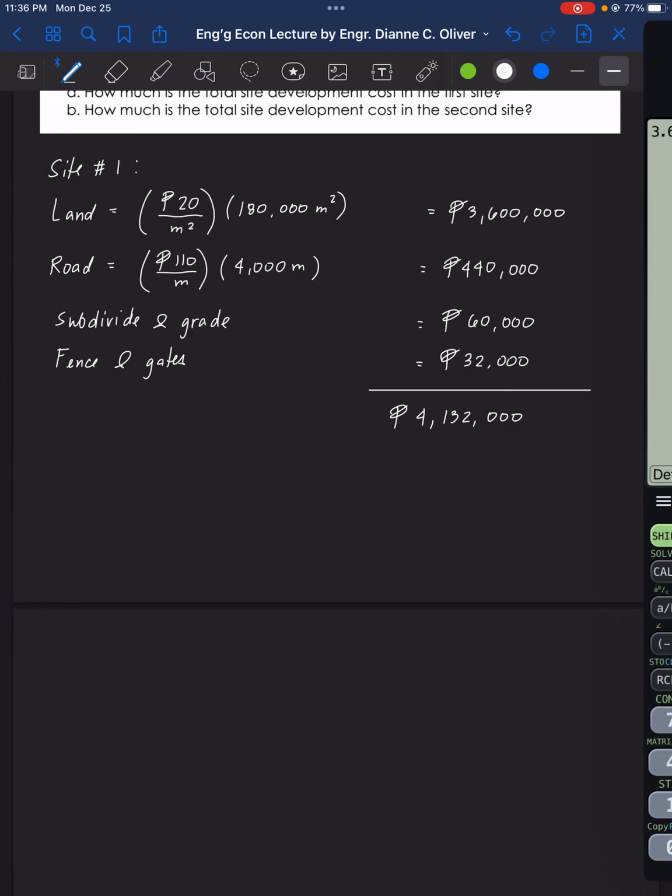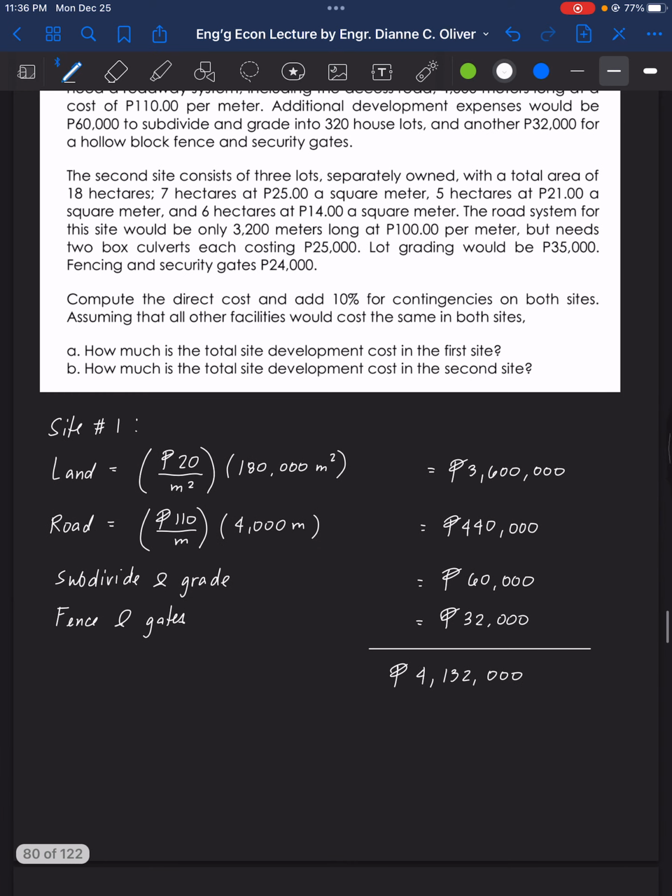And that's not the total, because it says in the problem, compute the direct cost. So this is just the direct cost, and add 10% for contingencies on both sites. So let's not forget the 10%.